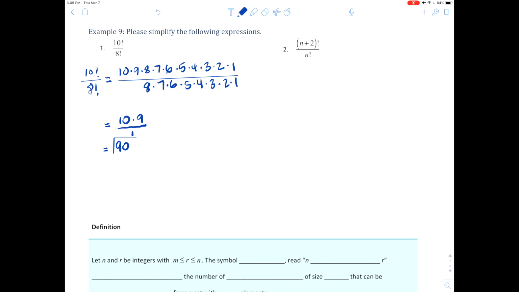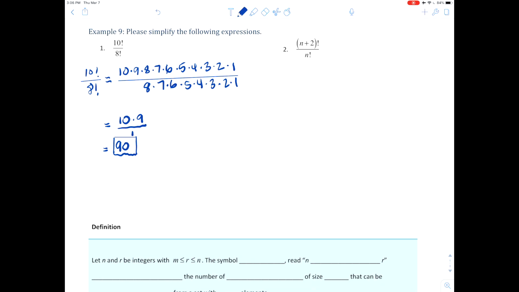Okay. Well, what about this next one? Quantity n plus 2 factorial over n factorial. Well, isn't that kind of like this one here that we just did?